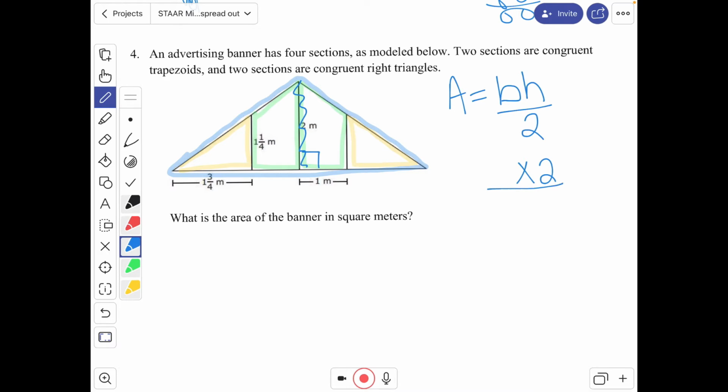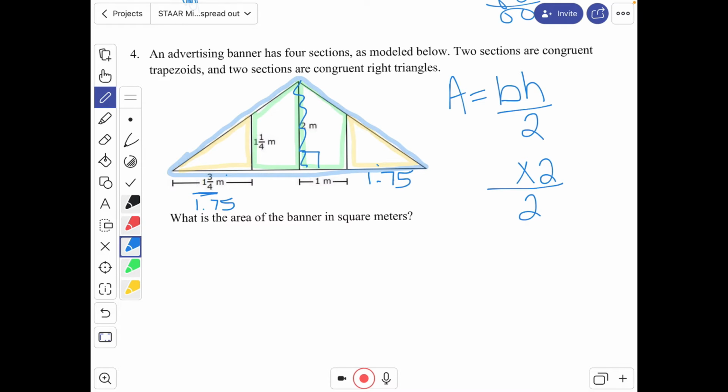And then I need to find out what the base is. This is 1 3/4 or 1.75. So if this triangle is the same as the one on the right, then that means this one has to be 1.75 also.